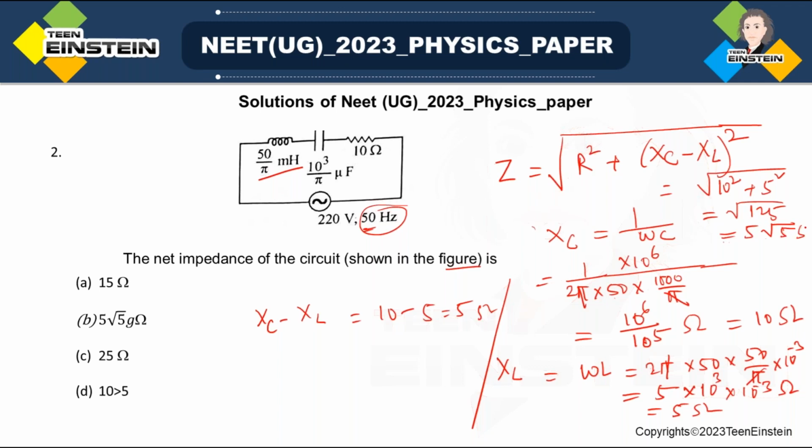This is in ohm again. So we have got 5 root 5 ohm. This is the option.